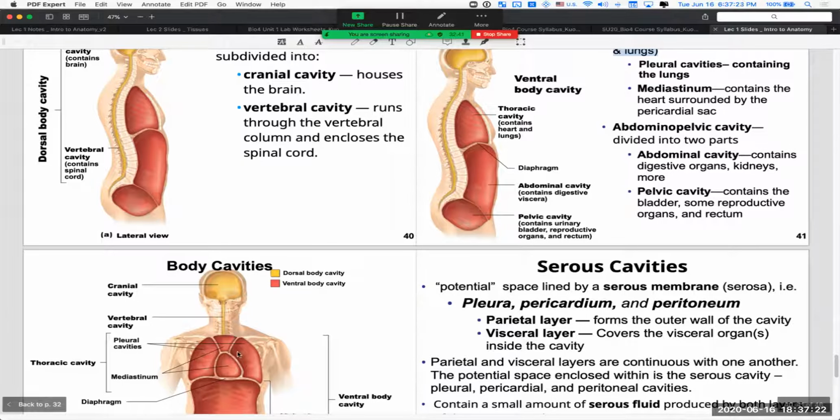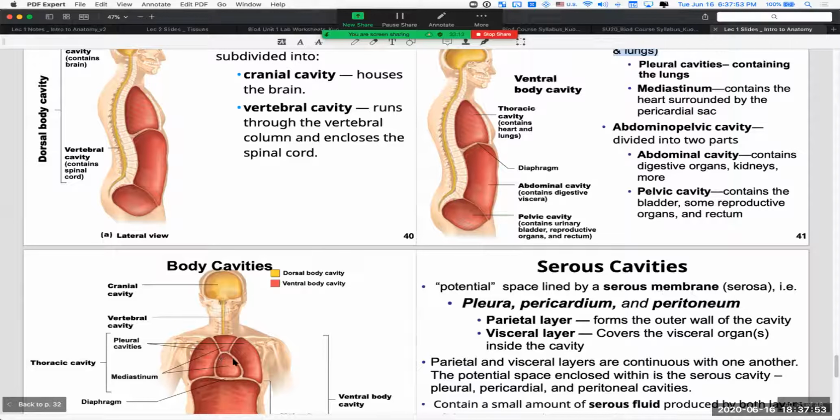This space sandwiched between your pleural cavities is known as the mediastinum. The mediastinum is the space that contains the heart, but also many other structures like the esophagus, the trachea, the thymus, and many others. But there's additional layering that surrounds the heart.